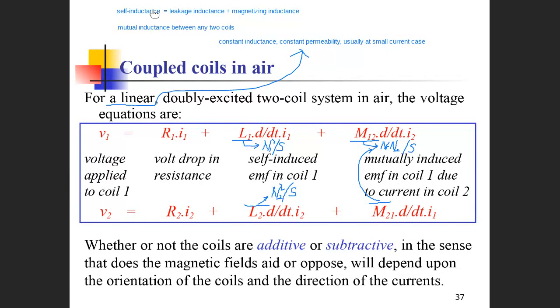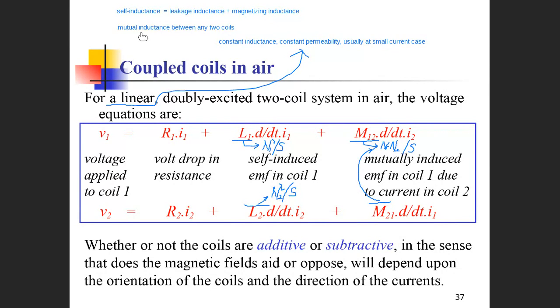In the previous examples we showed that the flux has magnetizing flux and leakage flux, so the inductance has magnetizing inductance and leakage inductance parts. Between any two coils there is the so-called mutual inductance.